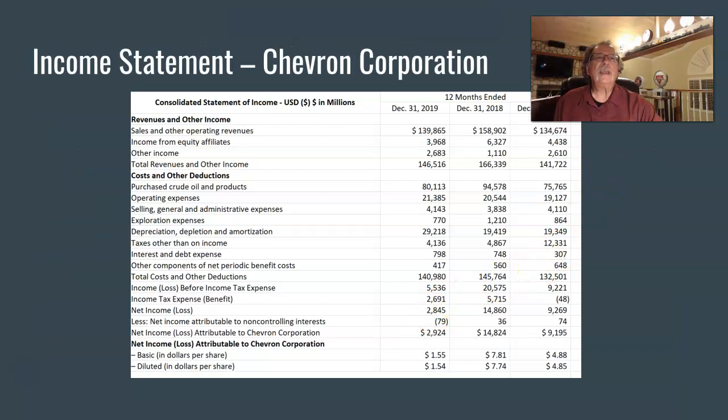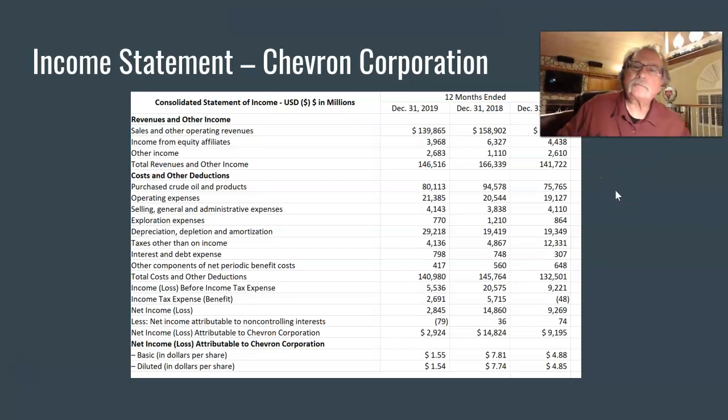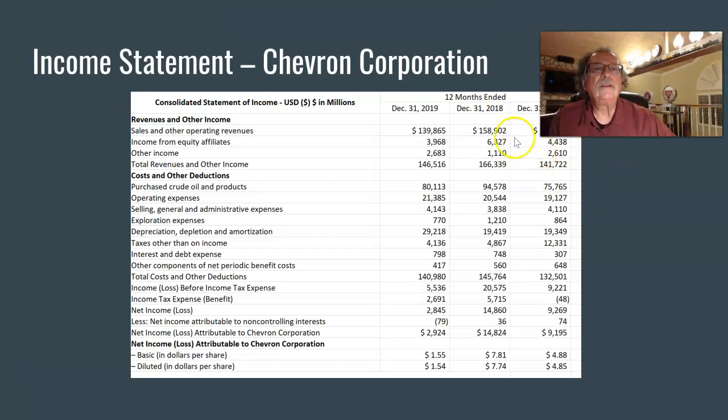So let's look at a company. We'll look at Chevron. Chevron, this is pulled off of Edgar. It's for the 3 years, 2019, 18, and 17. So it's somewhat dated, obviously.